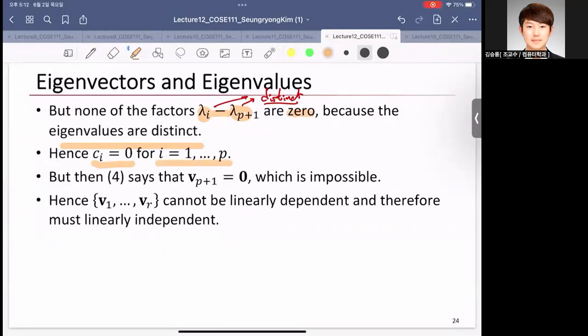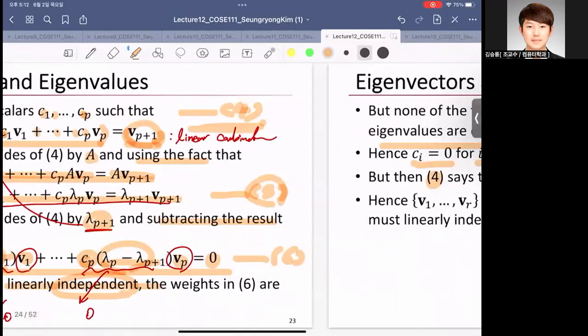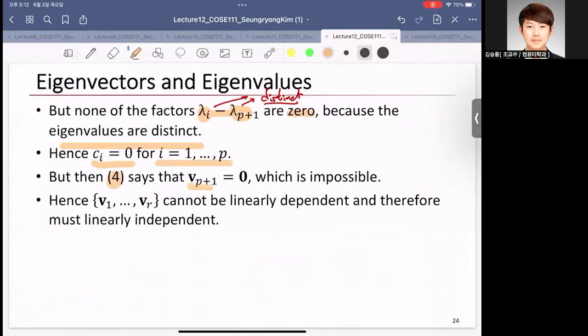But then equation 4 says that V(p+1) should be 0. But V(p+1) is not equal to 0, because it's an eigenvector, so it should not be the zero vector. So it's impossible.